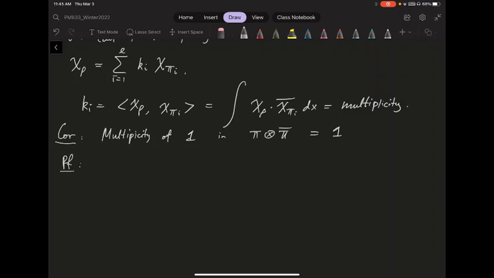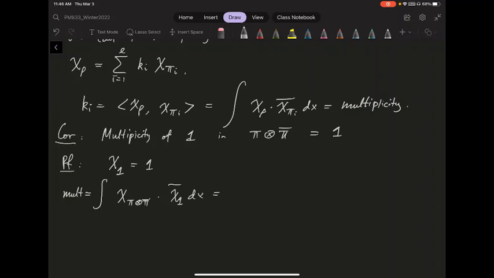If you want to know the multiplicity of the constant 1 representation, then you just do this integral. The chi of your constant 1, well, you represent everything as this 1 by 1 matrix of 1, so the character function is constant 1. All right, and so you want to know the multiplicity. By our formula, the multiplicity equals the integral of the character of pi tensor pi bar times chi_1 bar dx. Chi_1 bar is just 1, so you just ignore that.